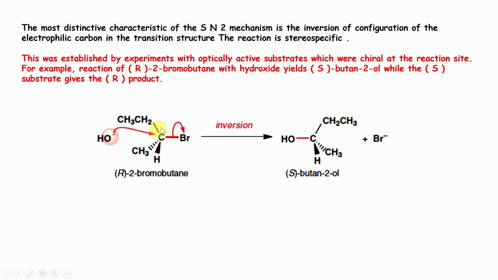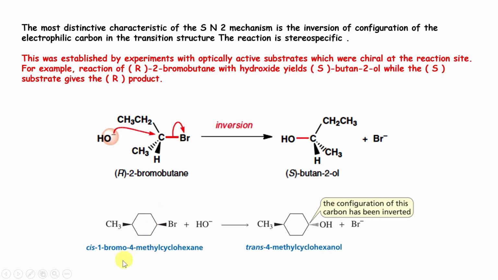Its configuration is R. See, it is R-2-bromobutane, which on SN2 reaction with the nucleophile undergoes inversion of configuration to form S-2-butanol, or S-butan-2-ol. That is the stereochemistry of SN2 reaction.